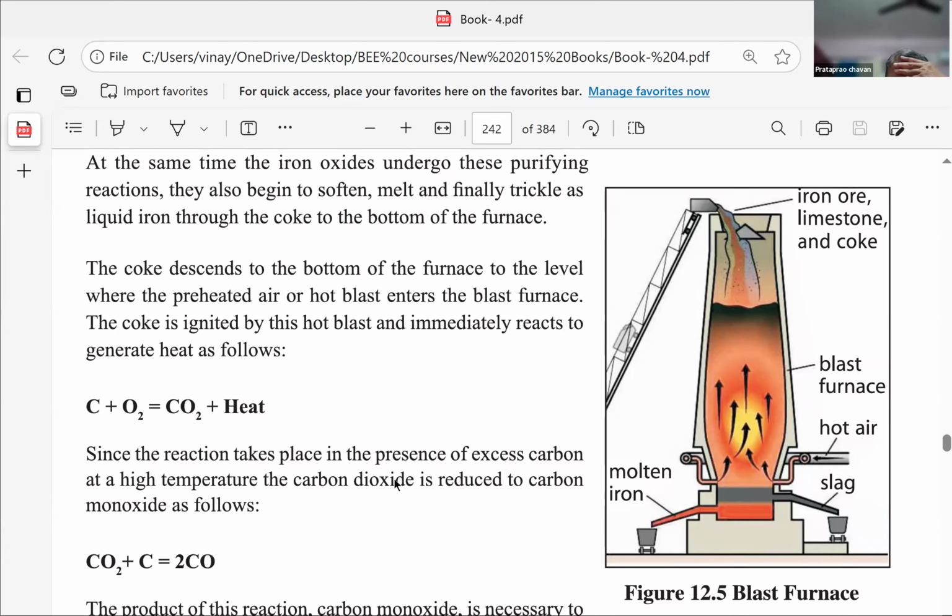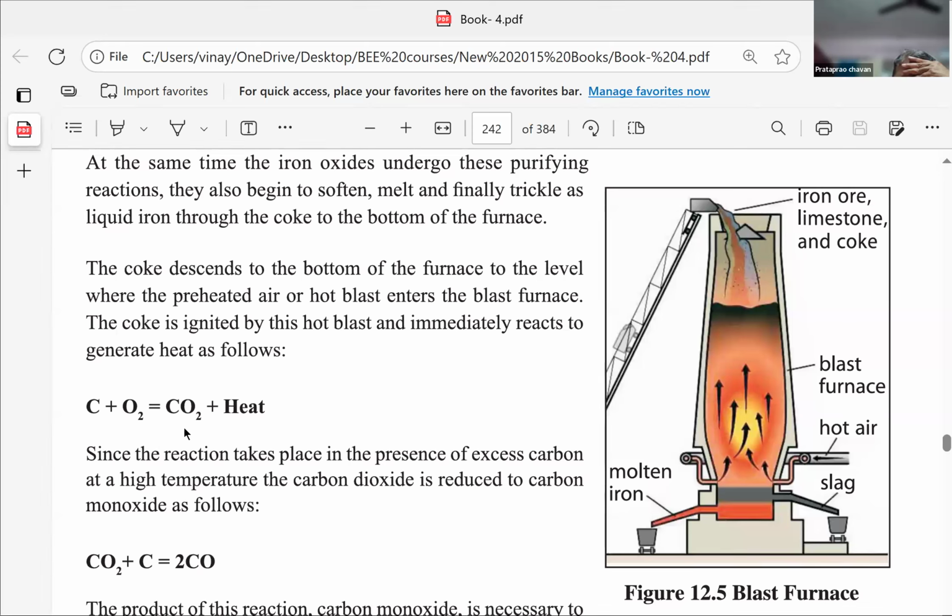Got it? Now, from where is this heat generated? This is C plus O2 equals CO2, a complete combustion formula, isn't it? We have seen it in the fuel combustion chapter. Carbon, when it oxidizes, that means carbon plus oxygen, forms CO2, and this exothermic process gives you a lot of heat.